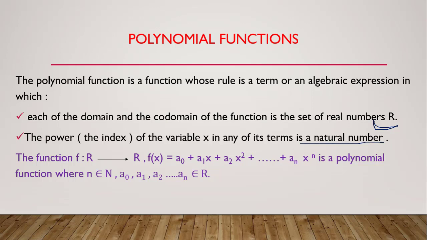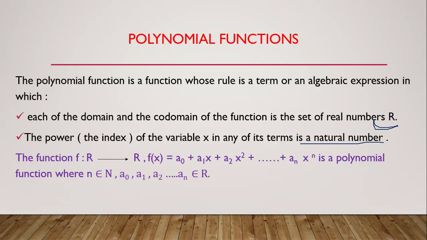So the domain and codomain of this function is the set of real numbers, and the index or the power should be a natural number, belongs to N. If the two conditions are satisfied, then this function is a polynomial function.